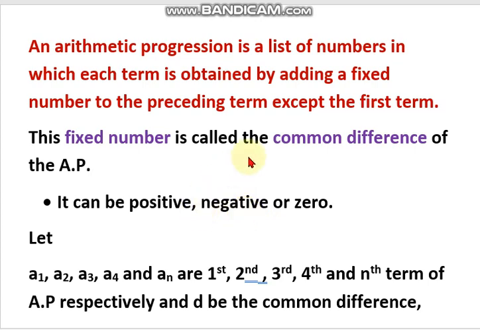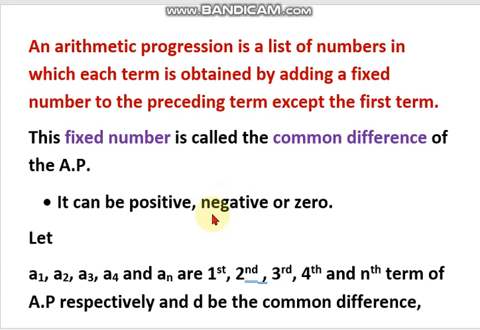A real life example of this kind of sequence can be, for example, you have an Activa of maybe 2010 model. Suppose you have the old Activa, and if you want to sell it, obviously the price will decrease, right? So the price of the Activa will decrease day by day.